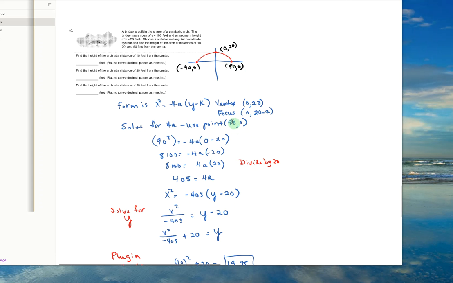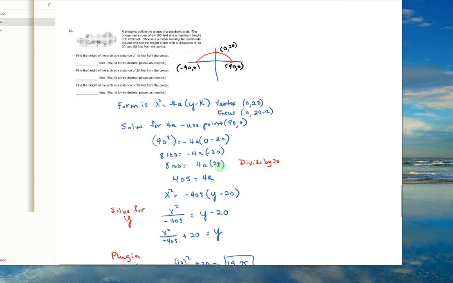So if I substitute 90 for x, I've got 90 squared equals negative 4a times 0, there's my y, minus 20. All right, so 8100 equals negative 4a times negative 20, and that negative and that negative will cancel each other out.